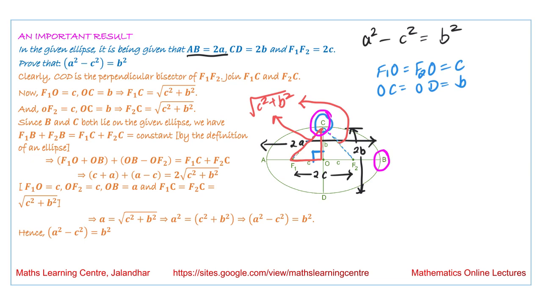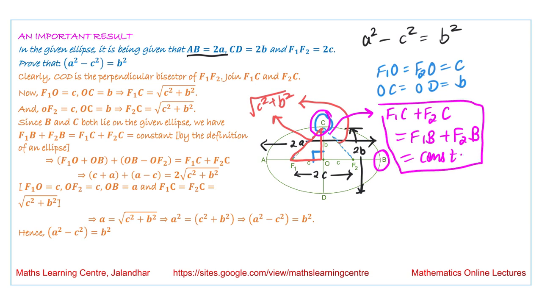So what we obtain is the sum of these two lengths, F1C plus F2C. This should be equal to F1B plus F2B, and this should be equal to a constant. This is by the definition of the ellipse. We know that the sum of distances from two fixed points is constant.